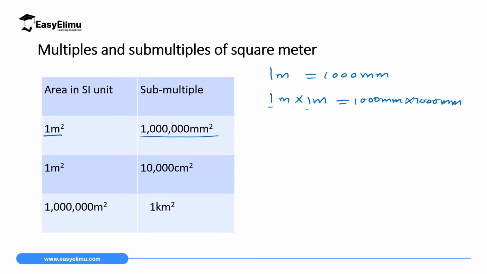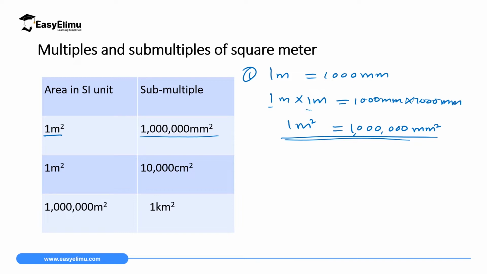Now, 1 times 1 is 1, meter times meter is a square meter. 1000 times 1000 is 1 million, and millimeter times millimeter is square millimeters. So from this case, we can prove that 1 square meter is equal to 1 million square millimeters.